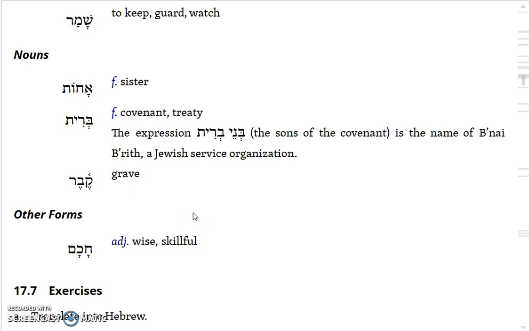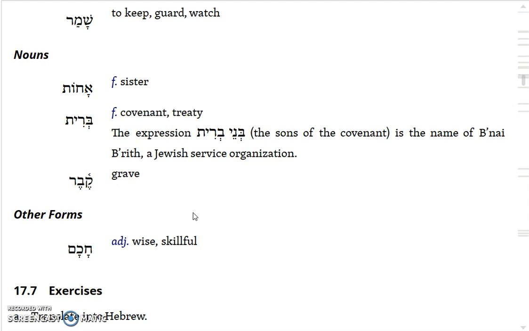And then we introduce the word berit, which goes along with karat. To karat a berit is to make a covenant, to cut a covenant, in the sense of making one. But anyway, berit is a covenant, or it can be a treaty. And the expression b'nai berit, the sons of the covenant, is the name of a Jewish service organization.